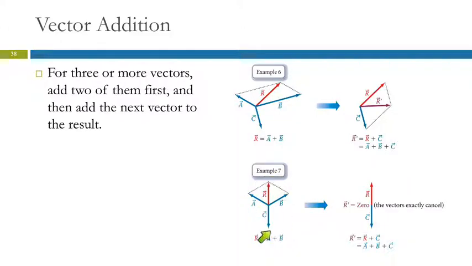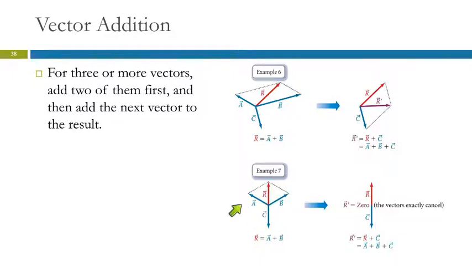If we do that with example 7 down here, here we have A, B, and C. These are spread out at 120-degree angles, so they're going to points of a regular triangle, and they're equal in length.